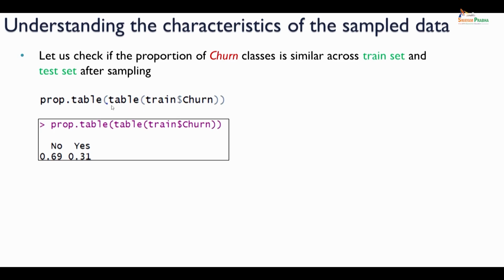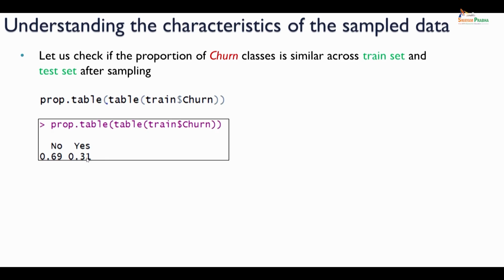First I am getting the frequencies under each category of churn, which will give us a number, but if I want to represent them in terms of proportions or percentage, I can use the command prop.table before that. By doing that, you can see the proportion of your churn classes in the data frame train.